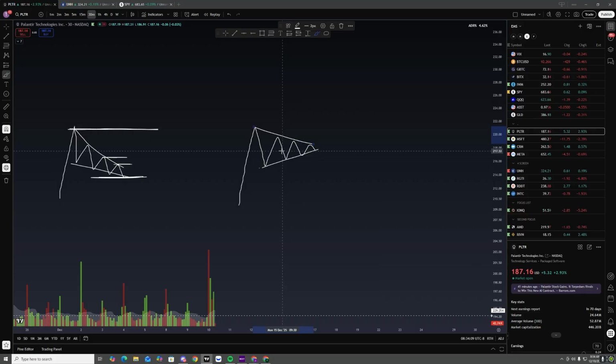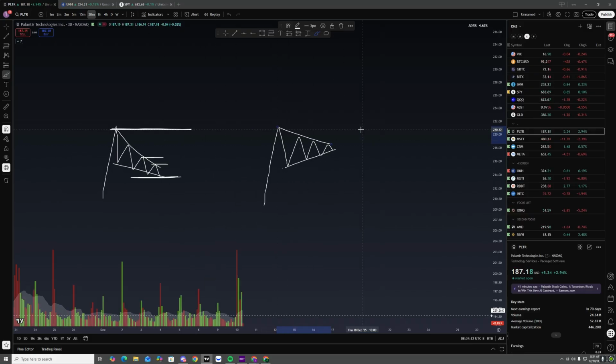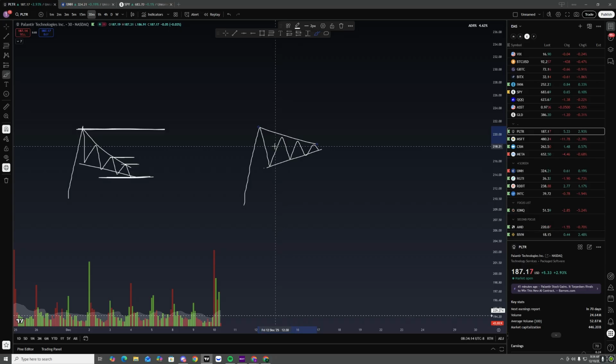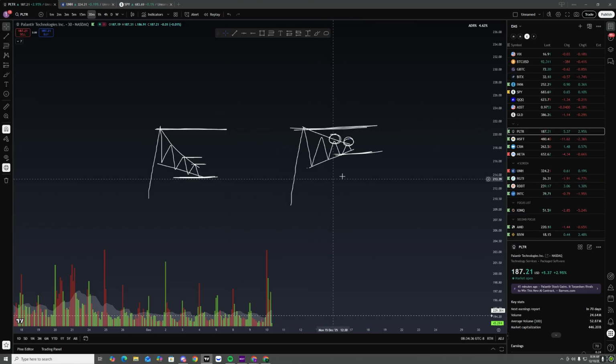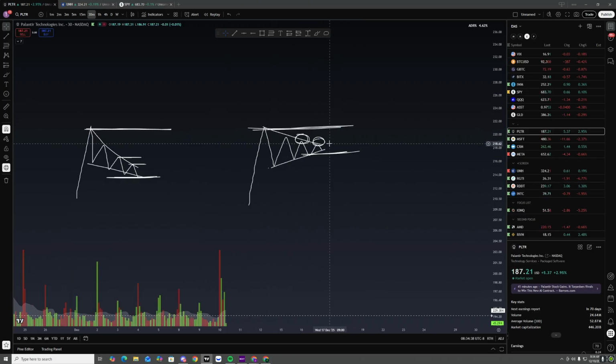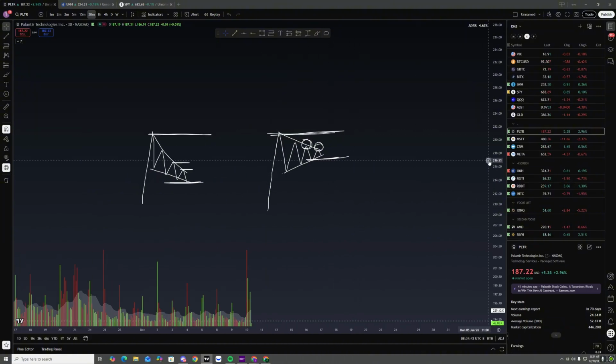These 3 examples will all look the same, but it's literally just the angle at which they form that is pretty much the only difference. But the same thing with this, right? You take our entry, either here or here through the break of the wedge, and then you'll have your stop loss right below, into the zone up above or whatever previous price action there is. So this is the pennant, okay? Compressing price action, higher lows, lower highs.